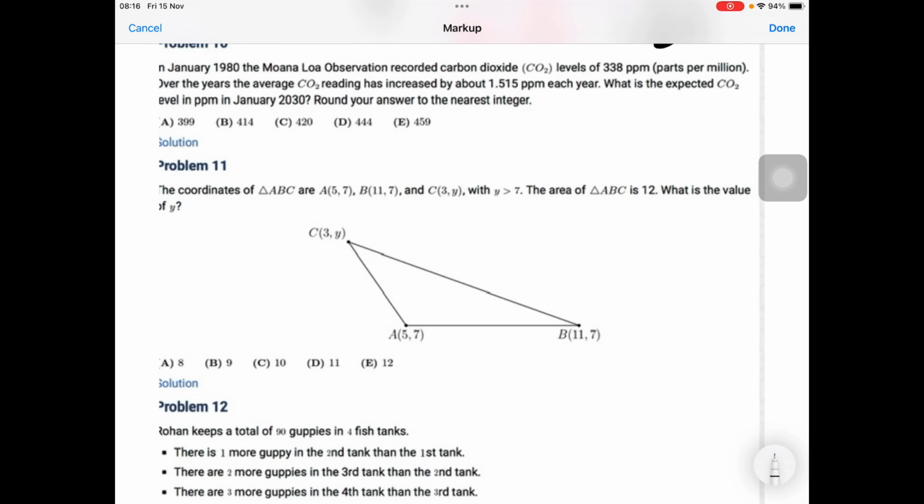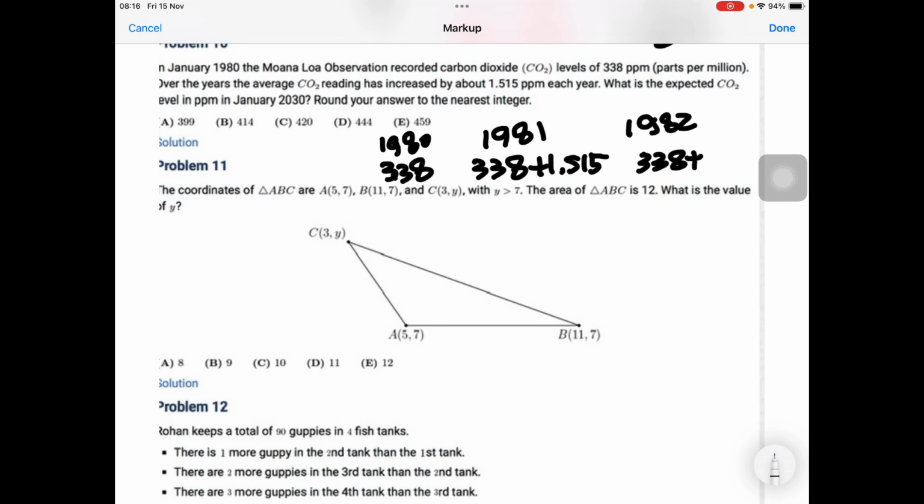She started from 1980. So here it was 338. In 1981, it was 338 plus 1.515. 1982, 338 plus 1.515 times 2.